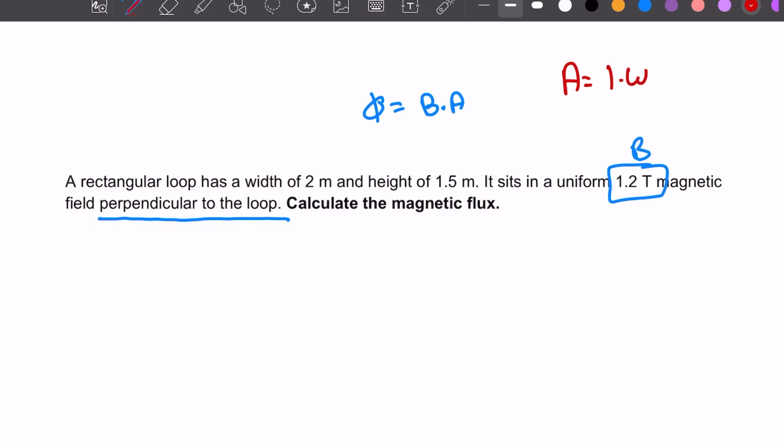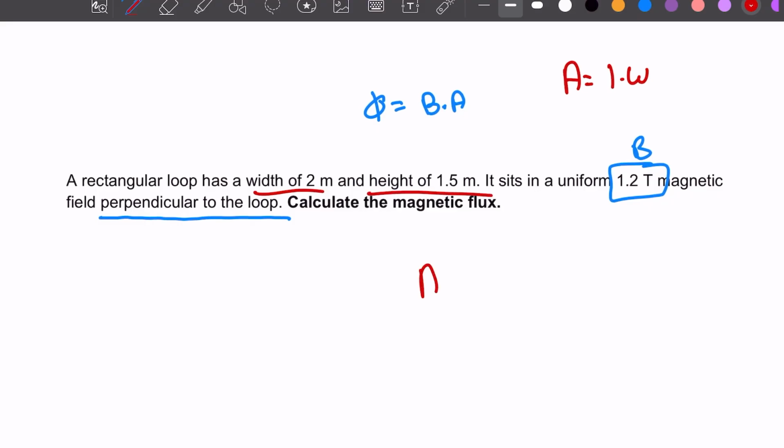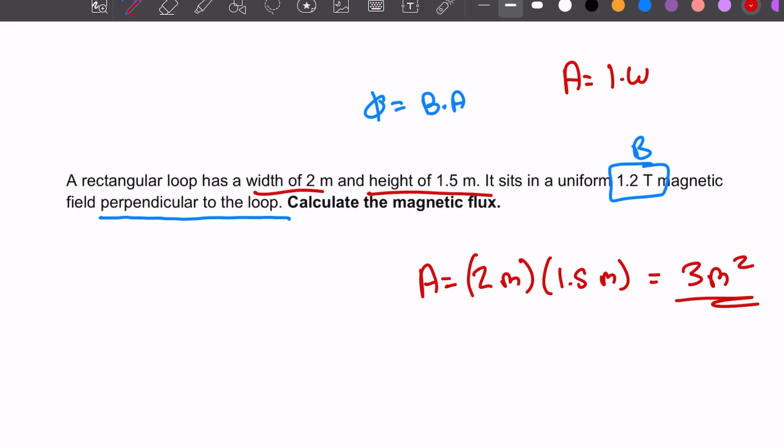Area equals length times width. We have a width and we have a height, which would be our length in this scenario. Let's just multiply it out. Area equals 2 meters times 1.5 meters, and what we're going to get is 3 meters squared.